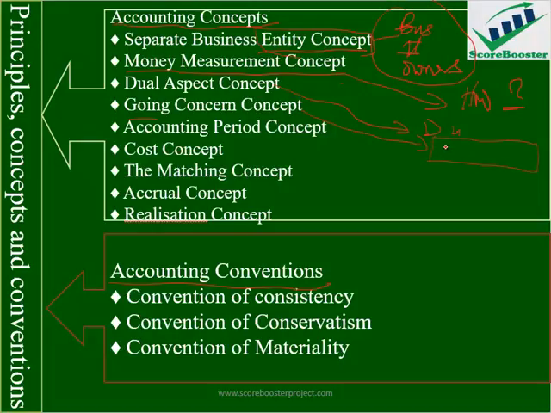It is not in perpetuity. Please take note of this, because people mistakenly take going concern as the company should be in existence in perpetuity. Nothing will be in existence in perpetuity. Some textbooks say the company should be in existence in perpetuity. I say no. The meaning is the company should be in existence over the next 12 months or 1 year. Please take note of that. That's what we call going concern concept.